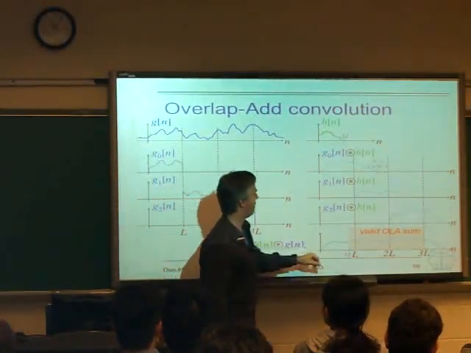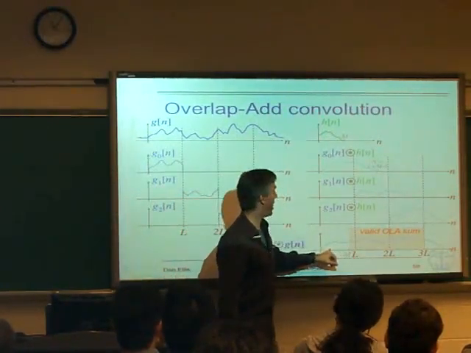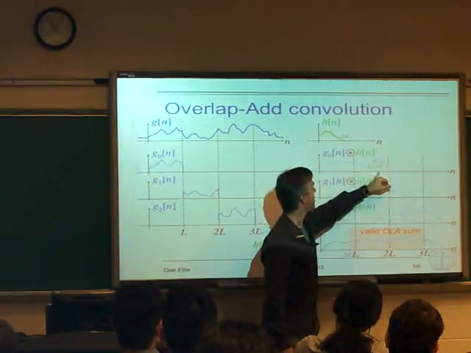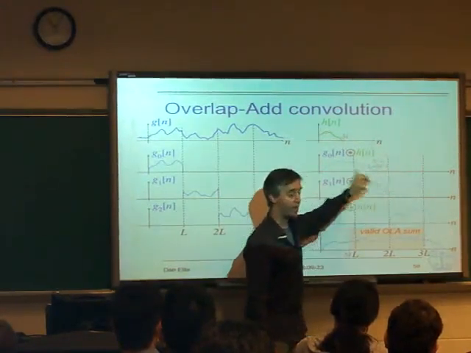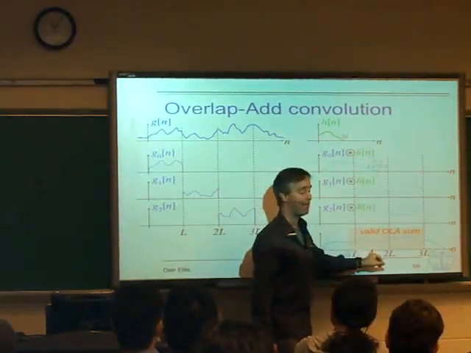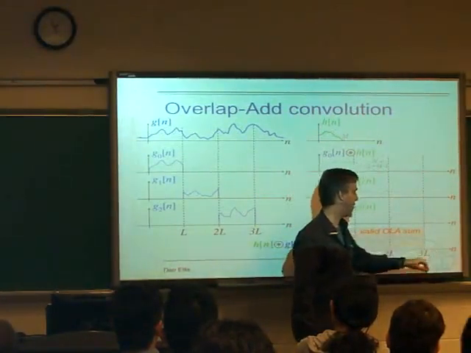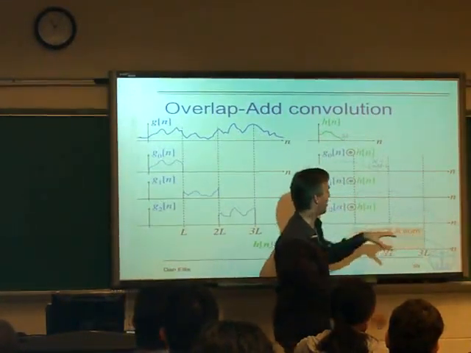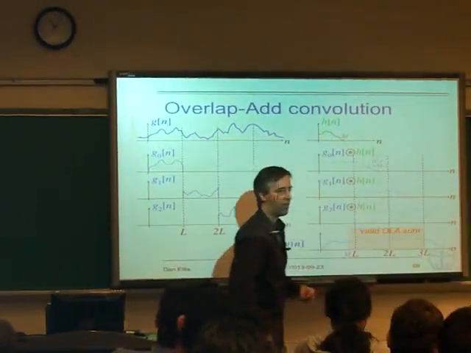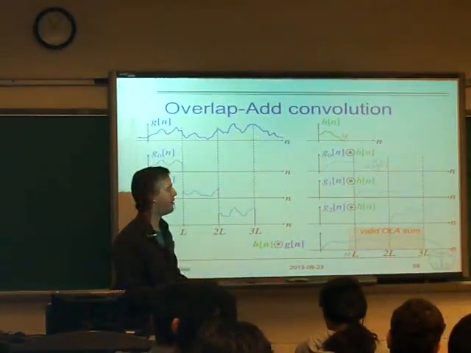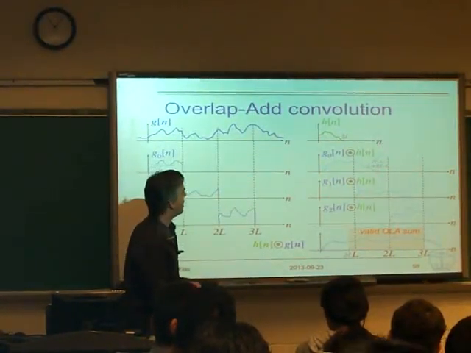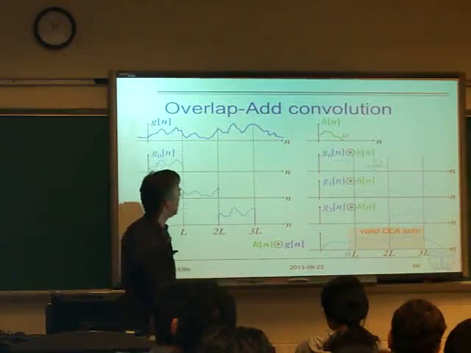But once we've gotten past the first M points, which is as far as the tail of the previous thing could have spread, then we've got valid points. And as long as we know that we've got each of these chunks involved summed up, then we've got the full convolution.